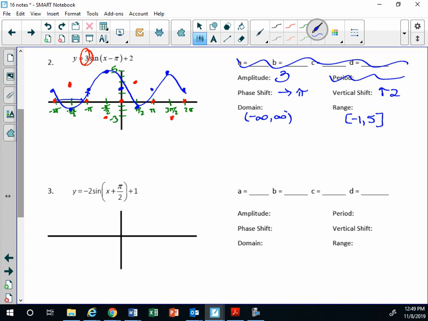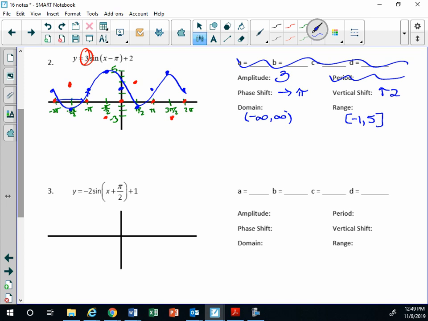How we doing? Fantastic. Excellent. We're not going to do number 3 right now because I want to give us time to talk about the B value and the period change. Questions on this one?